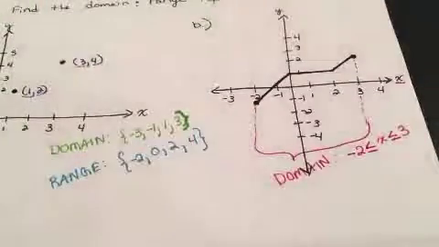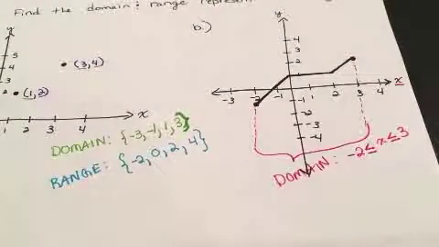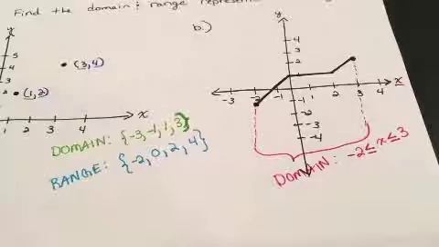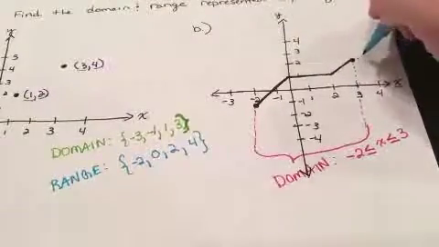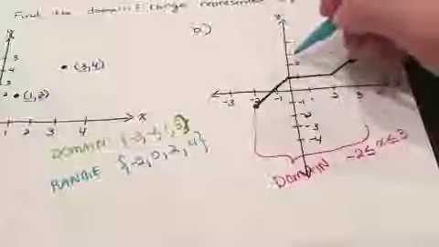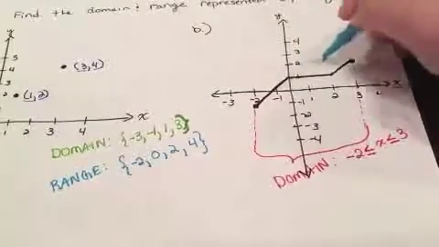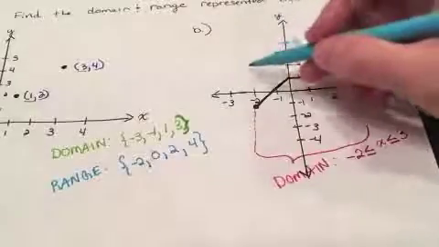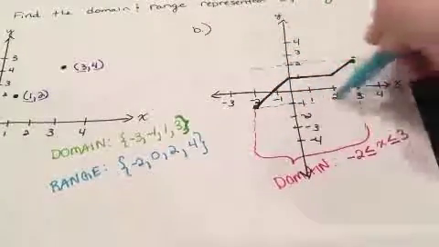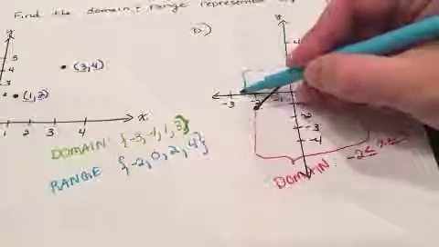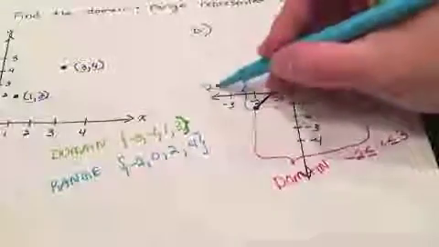That represents the domain. The range in this one, use a different color, the range is the values on my Y-axis, which go from -2 all the way to -1. You see it? This represents my range.